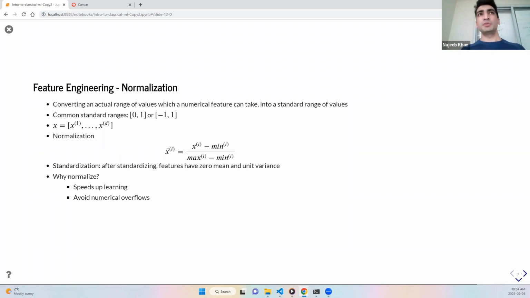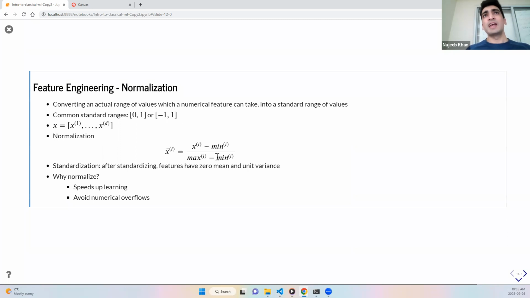With such an unbalanced or wide range of feature values, the optimization doesn't work very well. So we need to compress the range of the features to between 0 and 1, or -1 and 1. To do that, we can use normalization.